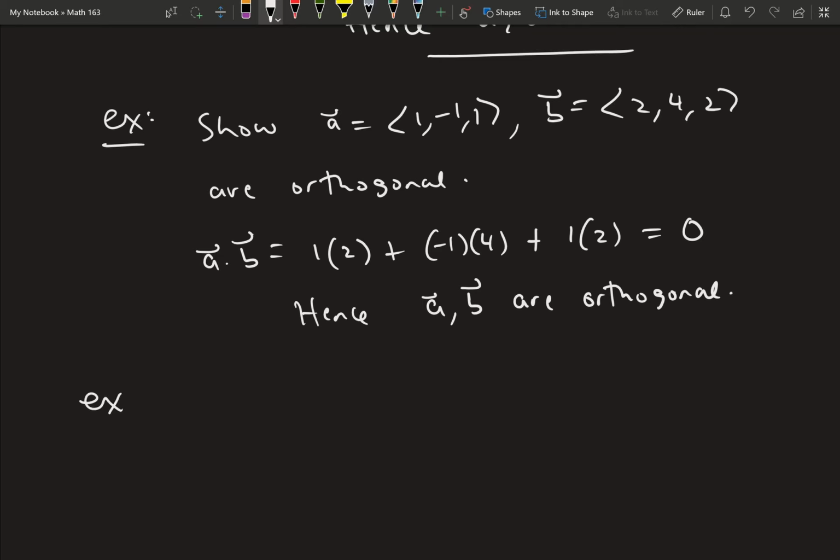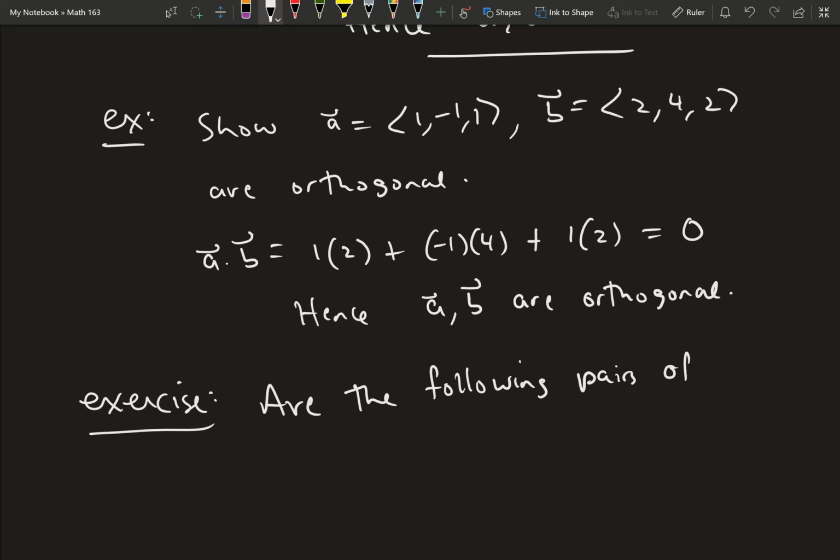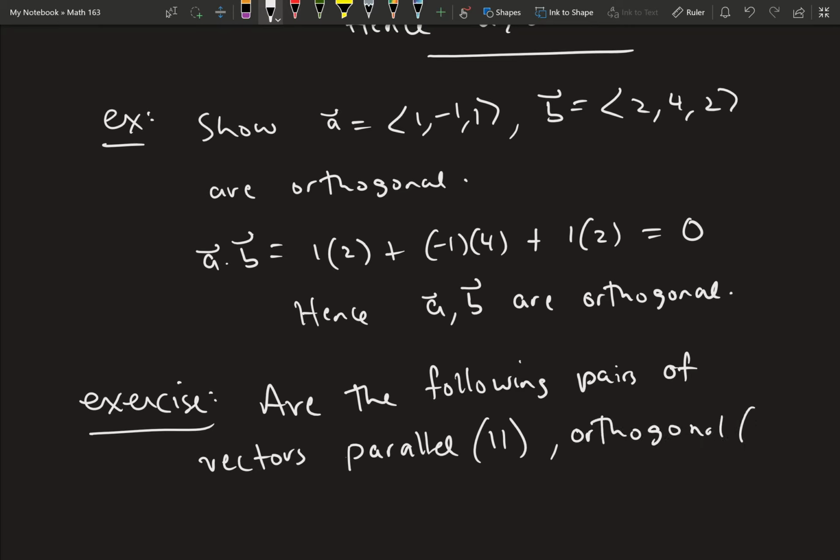And let me leave you here with an exercise. The exercise is the following: determine whether the following pairs of vectors are parallel, orthogonal, or neither. The shorthand for parallel is two lines, and the shorthand for orthogonal is the usual symbol for perpendicular.